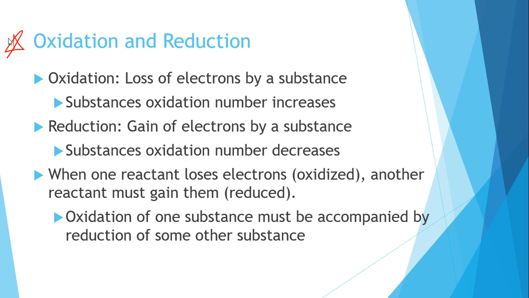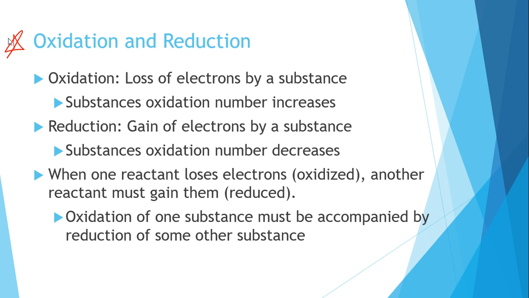Reduction, on the other hand, is where you're gaining electrons, and so your oxidation number is being decreased, or reduced. Notice how the number of electrons and oxidation number are opposites of one another. One goes up, the other goes down.